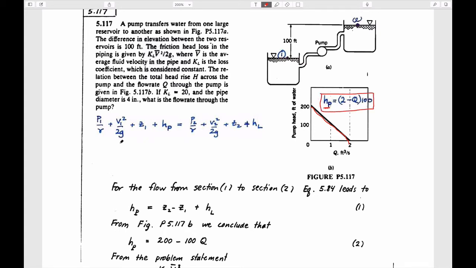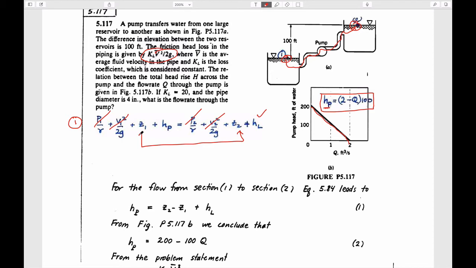And so if you write the energy equation in the first way that we wrote it, the Bernoulli type way, and look at a streamline which runs through the system to things that we know, 0 velocities upstream and downstream, 0 pressures upstream and downstream. So these two terms disappear, these two terms disappear. There is a head loss within the system, which is this, which we know, and the elevation changes we also know.